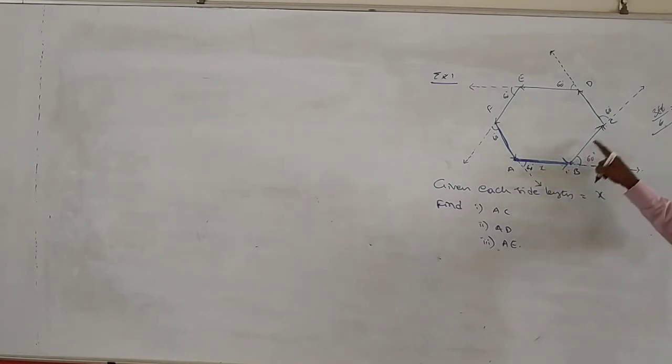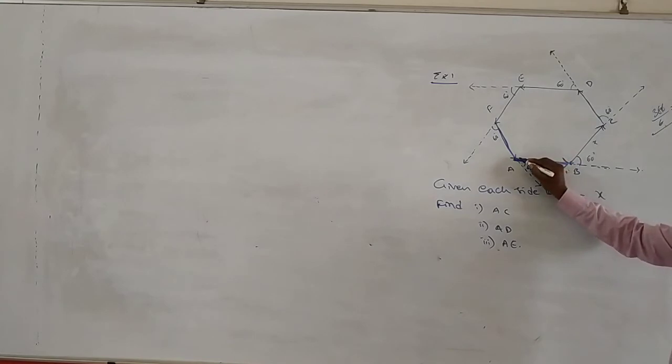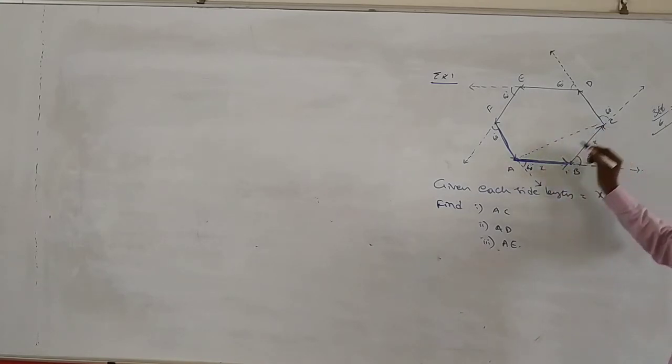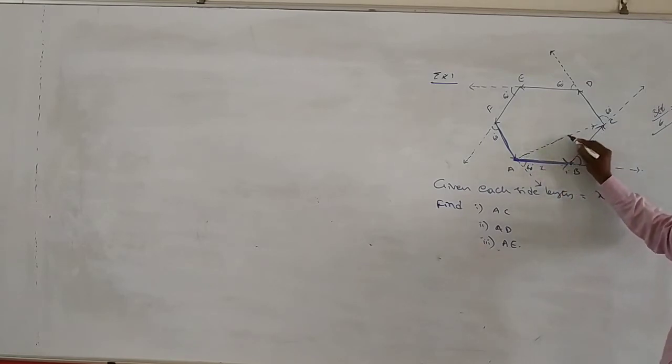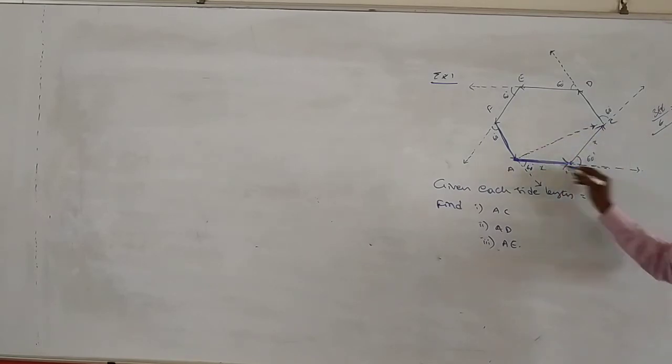This is the first vector, this is the second vector. Now this is the line joining the tail of the first vector to the head of the last vector. That's why this value indicates the resultant of these two vectors.